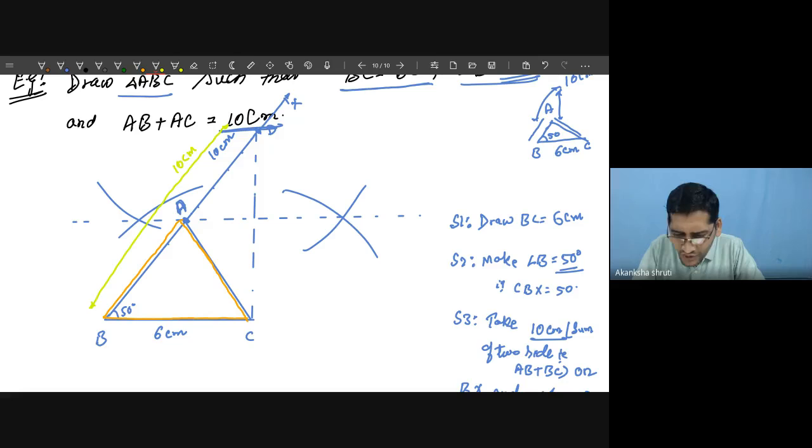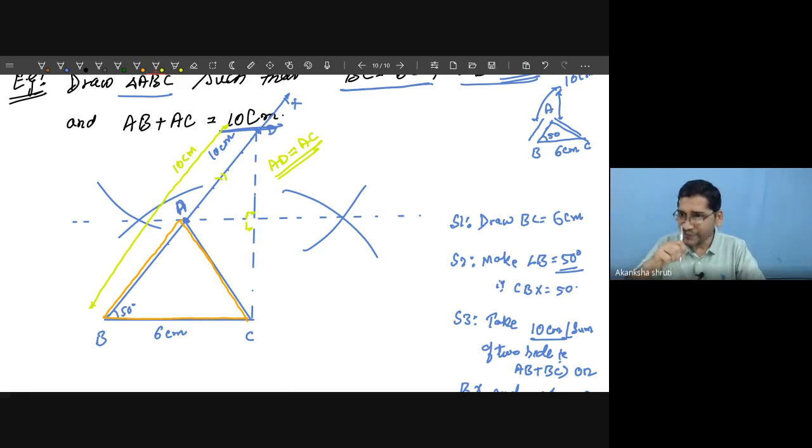By joining D to C and drawing its perpendicular bisector, we know that the perpendicular bisector forms an isosceles triangle. Therefore, the length of AD will be the same as the length of AC.